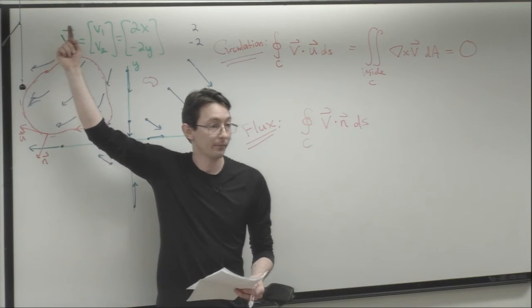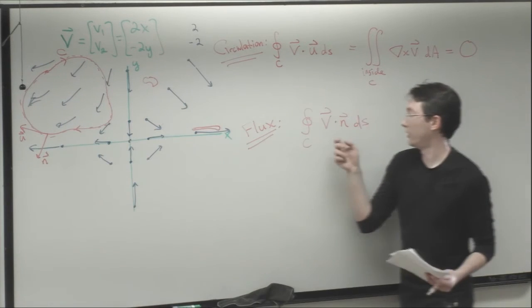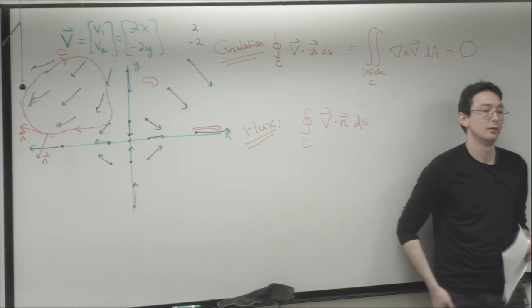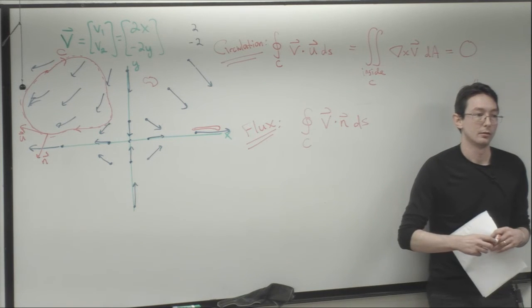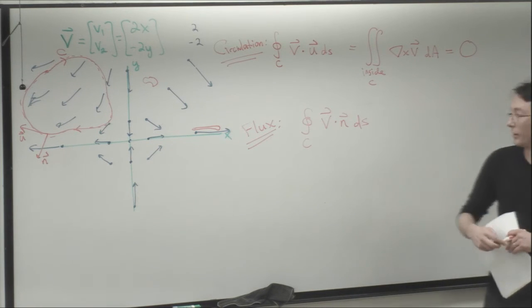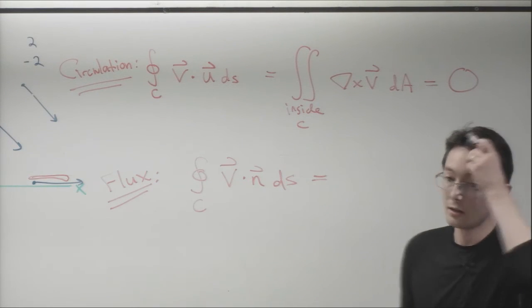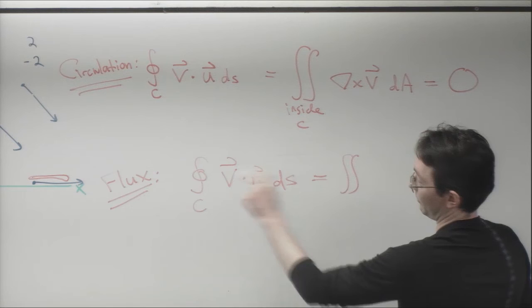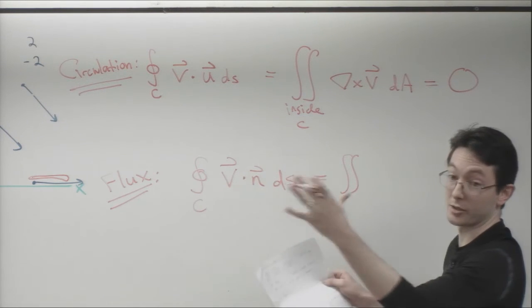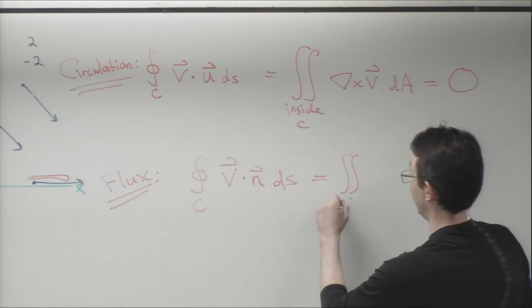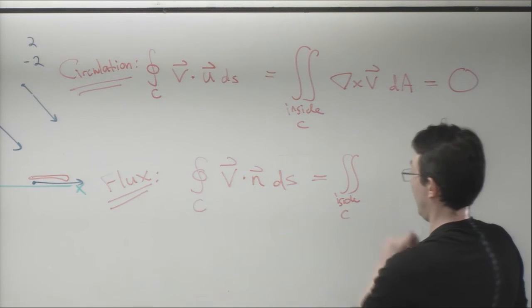And how do we solve this integral? Okay, Gauss's divergence theorem. So what does Gauss's divergence tell me that this has to be? So a volume, or a one-dimensional higher integral over inside of C of what?